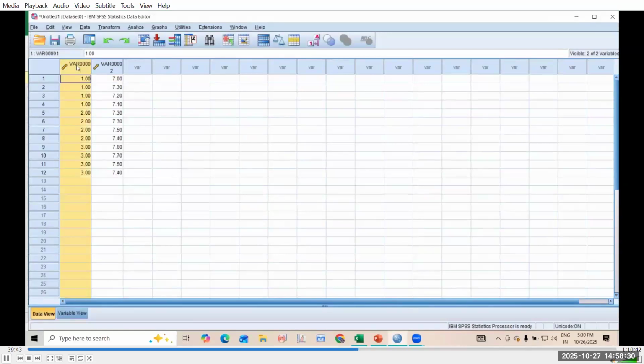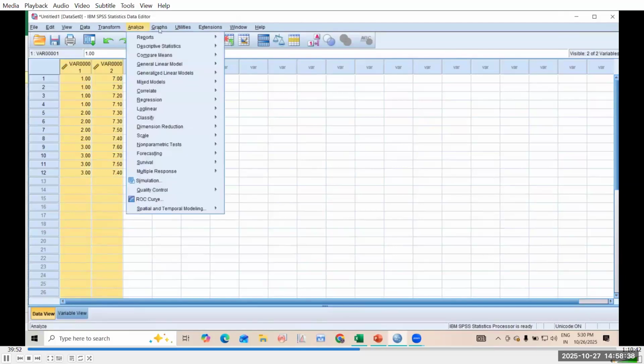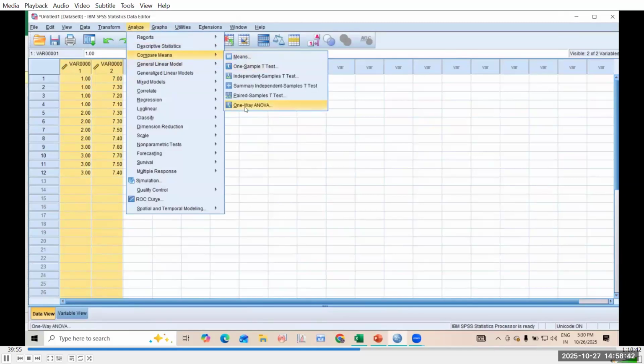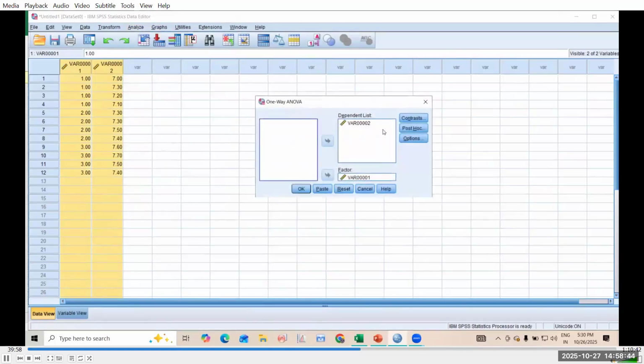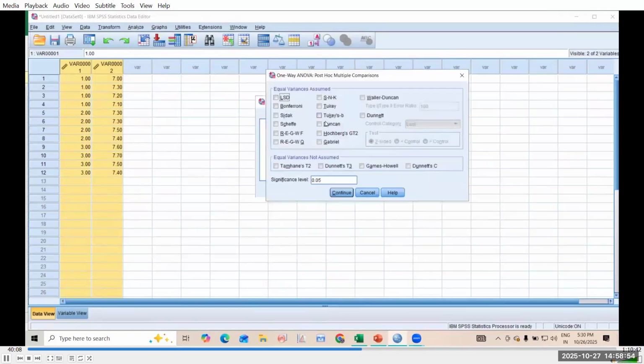Okay, we'll see the one-way ANOVA. Analyze, compare means, one-way ANOVA. Okay, the dependent list will be column 2 and the factor is column 1. Here we will go for the post-hoc.